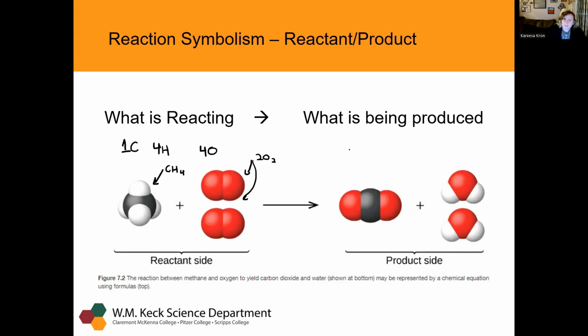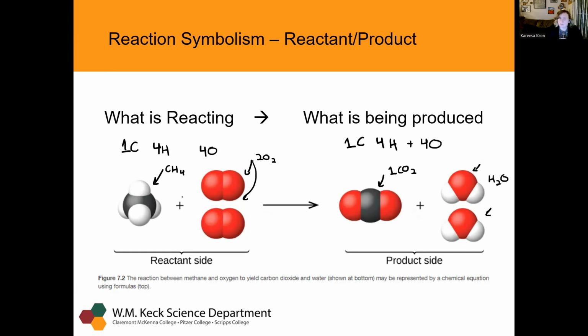And then on our product side, we've rearranged those atoms to produce 1 CO2 and 2 waters, or H2Os. And so when we look at the number of atoms on each side, in our product, we still have 1 carbon, 4 hydrogens, and 4 oxygens.